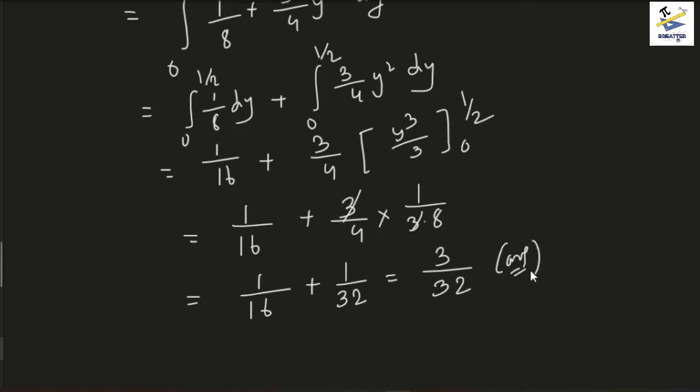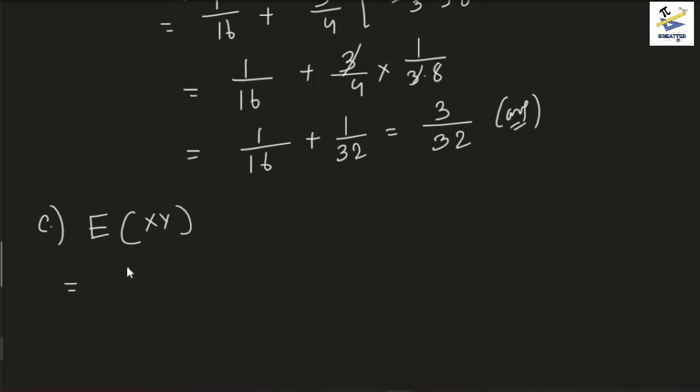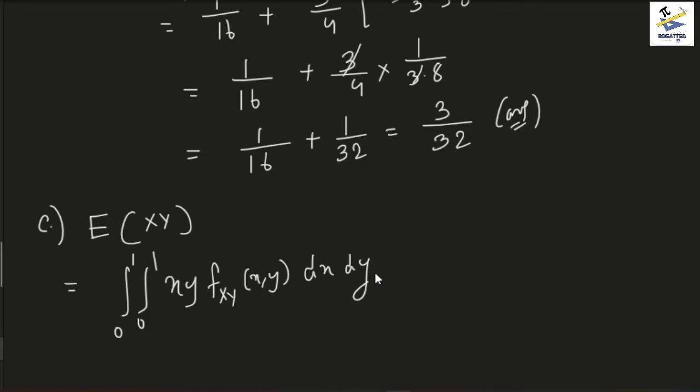So we have solved it successfully, and now it's time for finding part C. E of xy is given as, now we are going to use the limits over all the region basically, because we would need it to be 0 to 1, 0 to 1, xy f of x comma y dx dy.